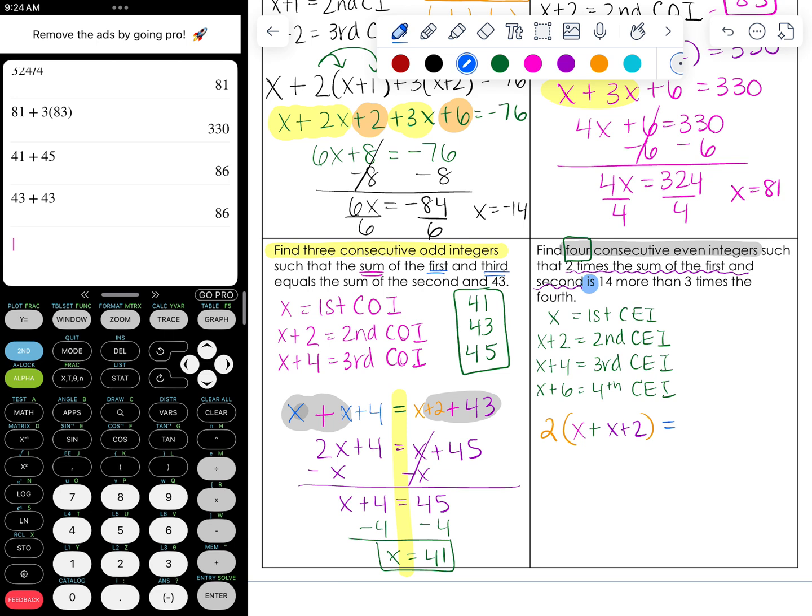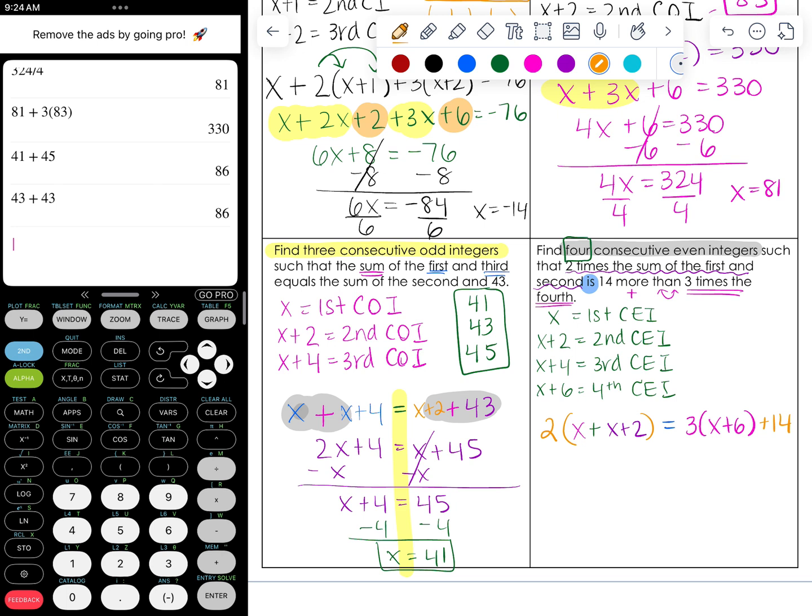Is 14 more than, so that's a flip word, 3 times the 4th. Well, 3 times the 4th is going to be 3 times x plus 6. And then it's 14 more than that. So do you see how it is complex?